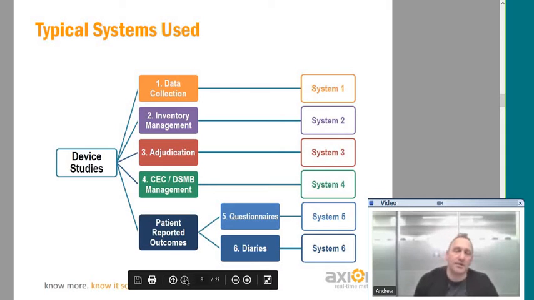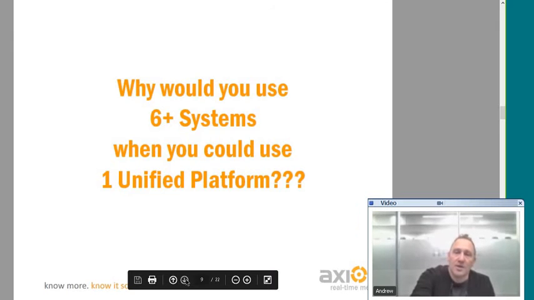That puts a burden on the overall study where you're not spending time effectively managing it. Why? Because, of course, you're just gathering information. And it's not the best use of our time when we're spending enormous amounts of time collating data instead of reviewing and managing that data.